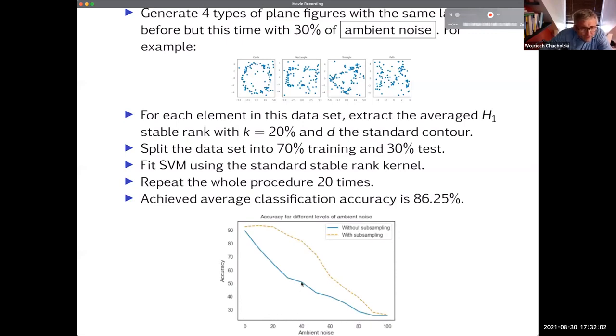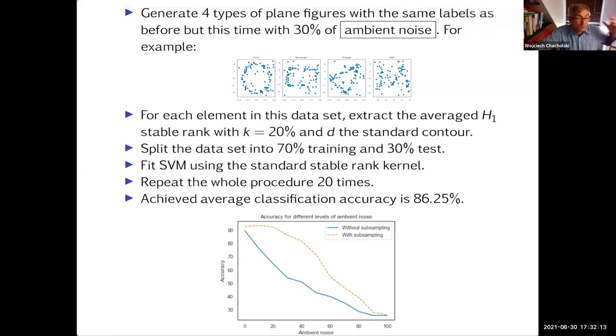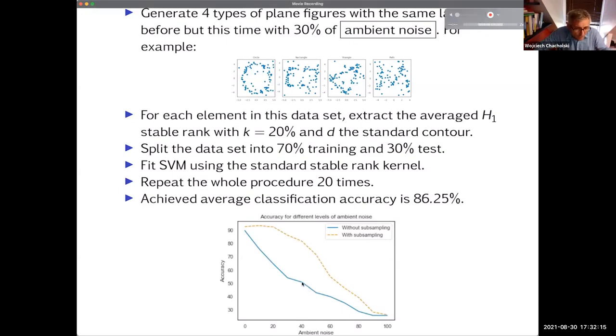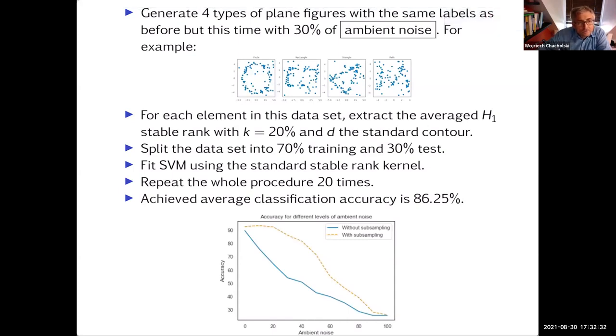If you add 40% and use the original, without subsampling, you get around 50% accuracy. But if you allow the subsampling, you still get above 80% accuracy, even with 40% of ambient noise.